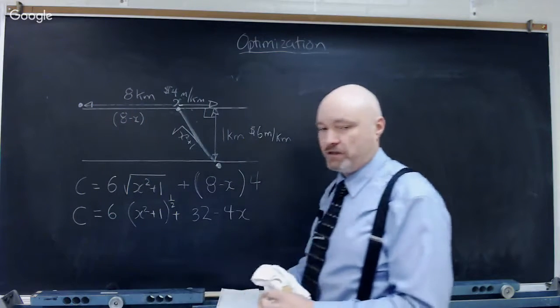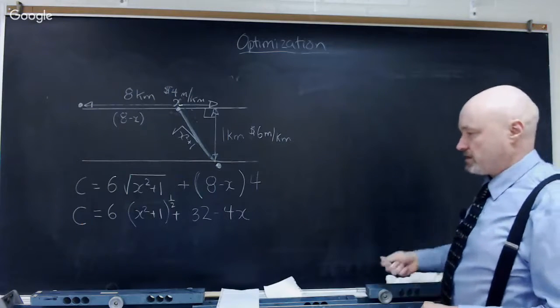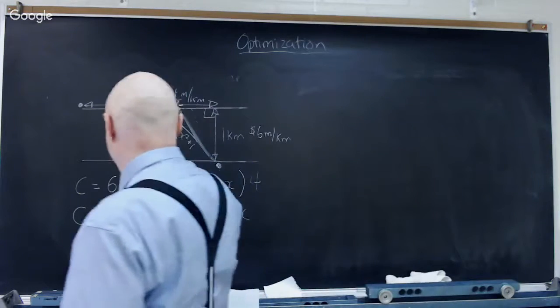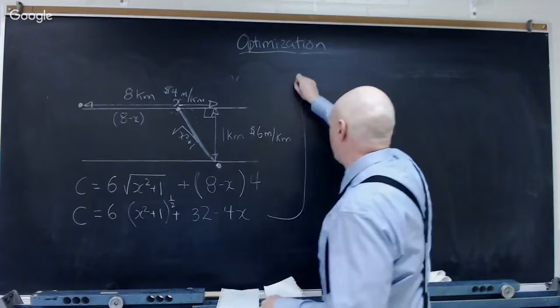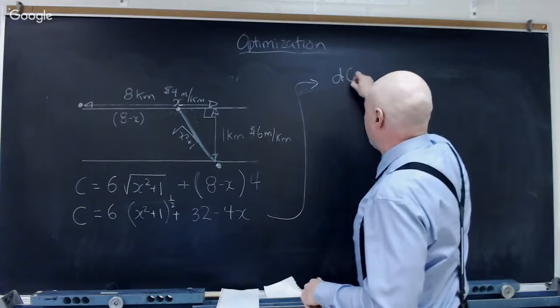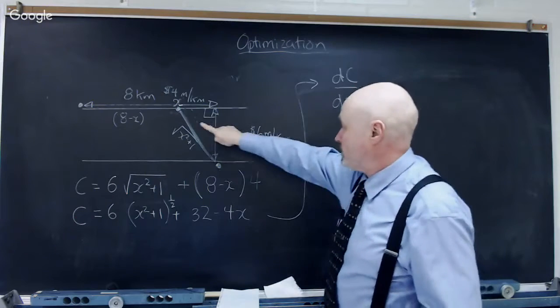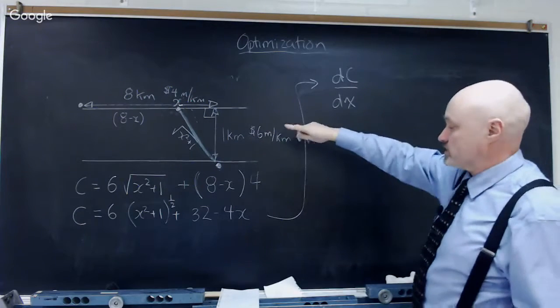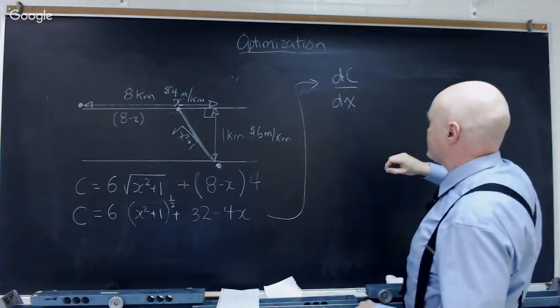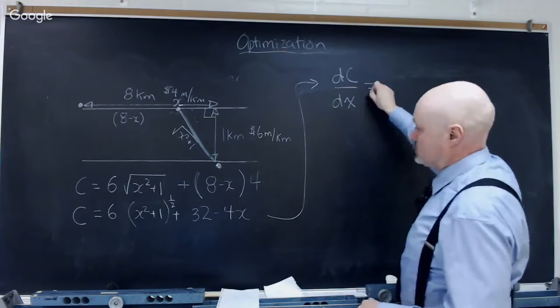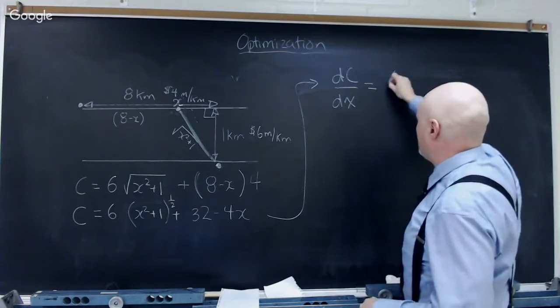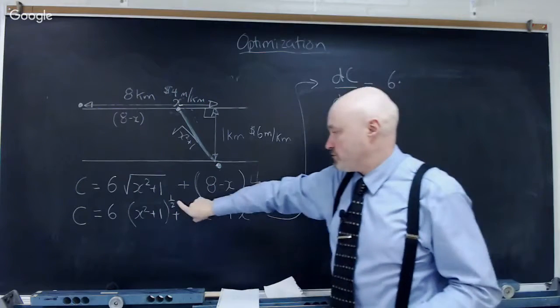I've converted that to a 1/2, just because I think it'll make it easier. So the rate at which cost changes as I change my x, I can do this using the constant rule, and then I'm going to use the chain rule on this function.